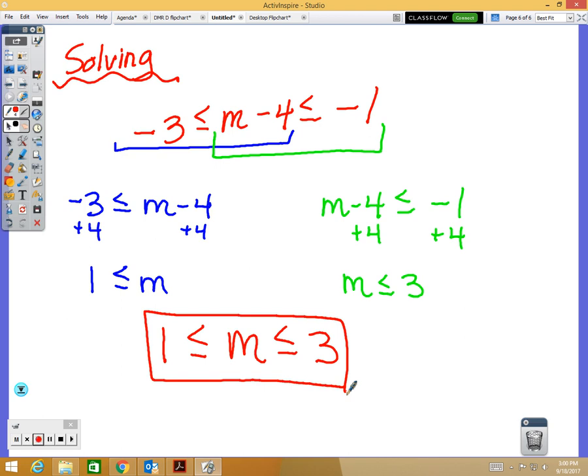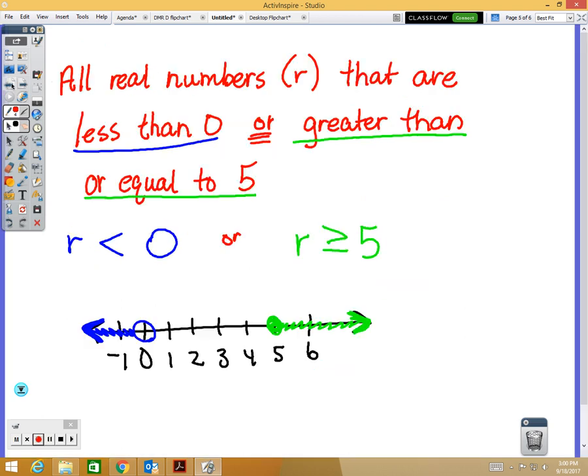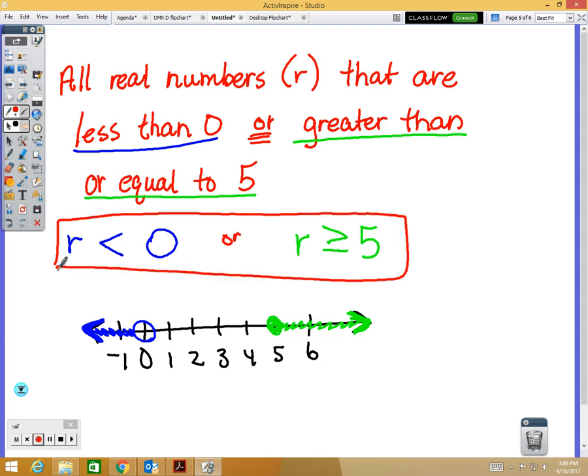Question? This is an and because it's mashed together. An or is going to have two separate inequalities that have the word or between them. Like on my last example, that was our answer here, okay? Where we don't put those together. We can put it together on one graph, but we don't mash them together. This would be an or. That would be your answer. I'm sorry?